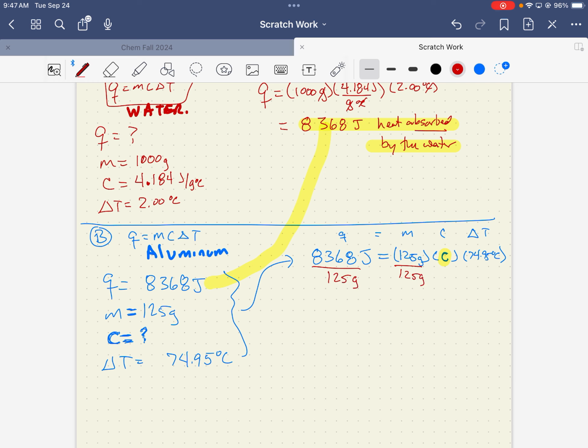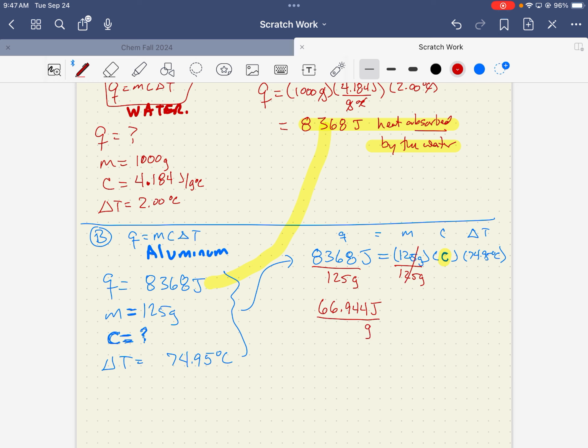So my number is 8,368 divided by 125. On the left side, I'm going to write down the entire number. Don't round. So I have 66.944. The units are going to be right now joules over grams.